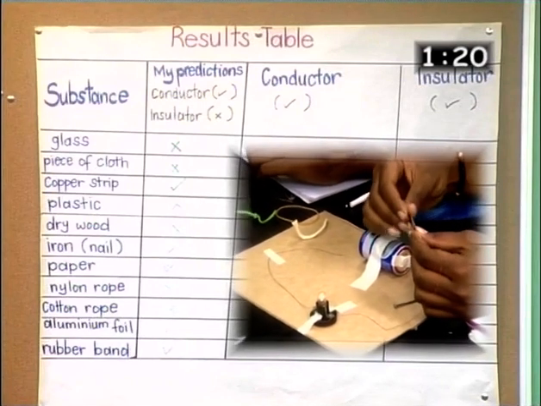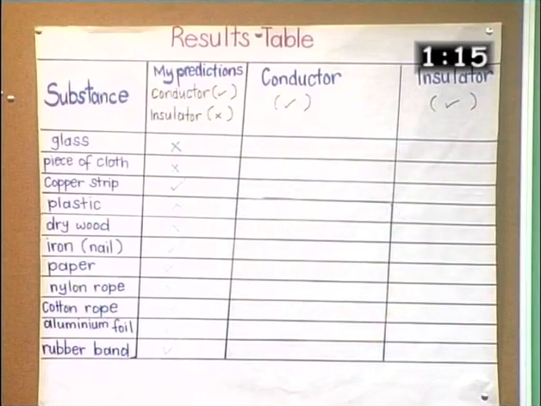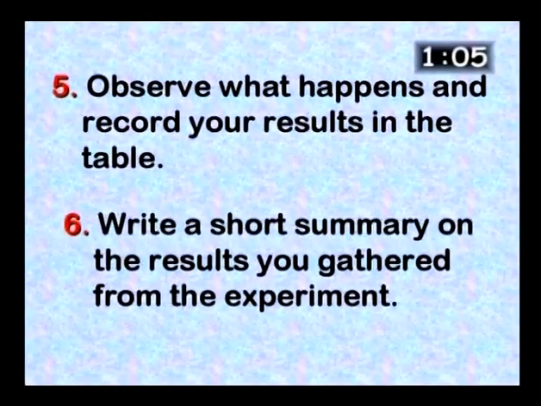So you are doing two things at the same time. To make it easier, just tick under conductor, tick under insulator. We should all be done with our summary.